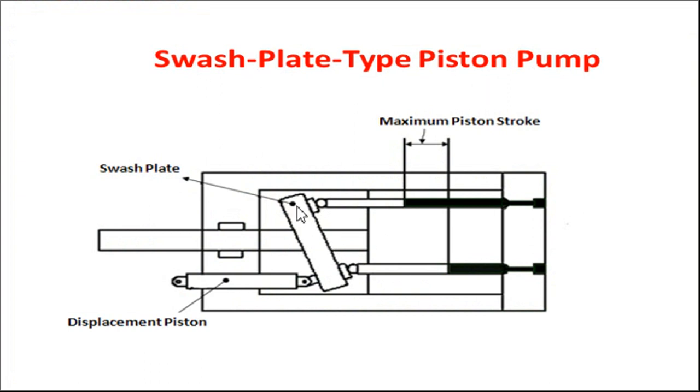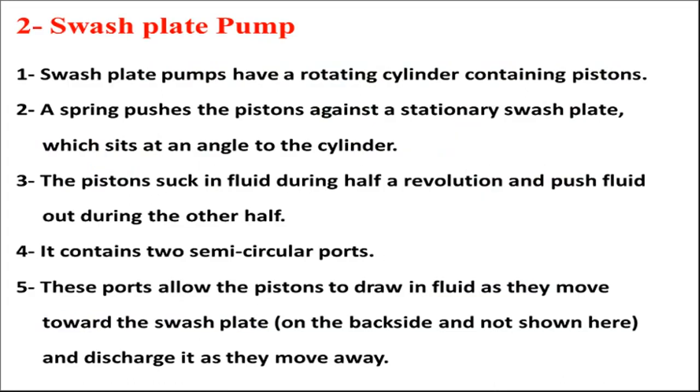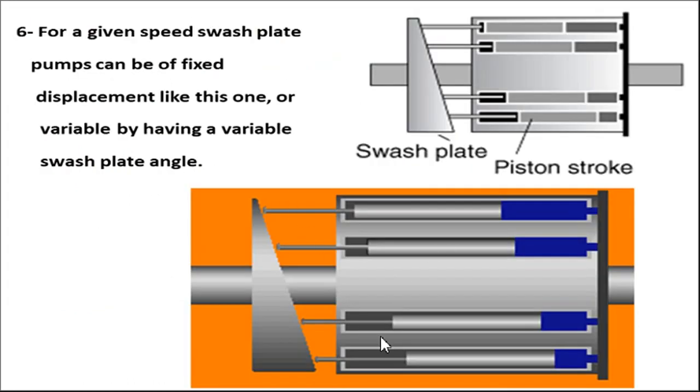Swash plate type piston pumps are the same as bent axis pumps, but in this case there is a plate attached, and the angle of this plate is set by a displacement piston to vary the discharge or output.